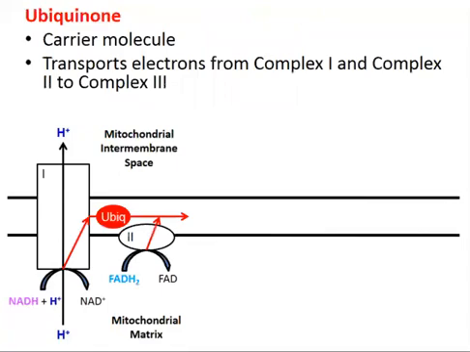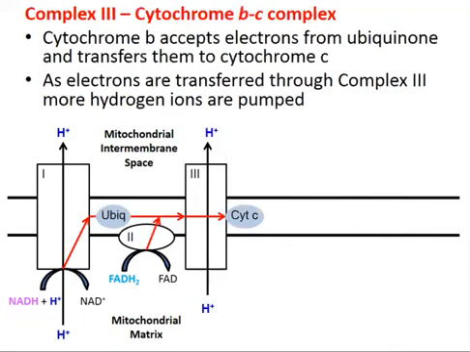The next component of the electron transport chain is ubiquinone, also known as coenzyme Q. It's an electron carrier. This coenzyme Q accepts electrons from complex 1 and complex 2 and transfers them to complex 3.